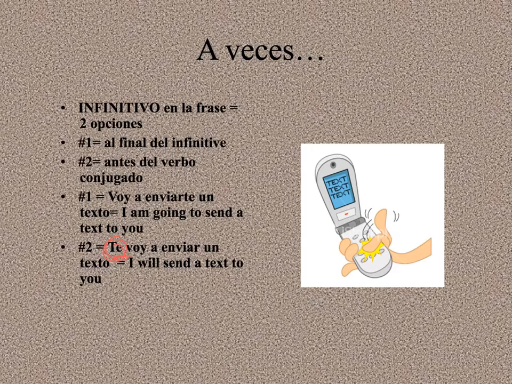But because I have a non-conjugated verb, enviar, an infinitive, I also get a second option of putting that te on the end of the infinitive, attached, no spaces. Voy a enviarte un texto. So both of these sentences, option 1 and option 2, mean I'm going to send you a text. I'm going to send a text to you. You get your choice because you have an infinitive. If you don't have an infinitive, you do not get a choice.